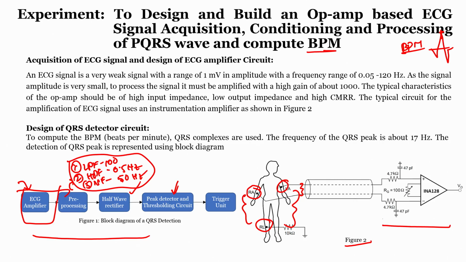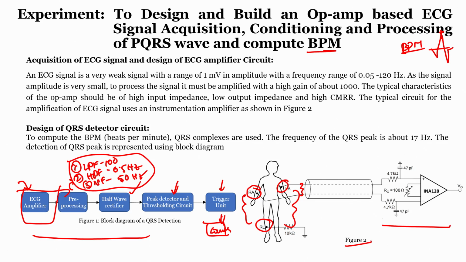Since the counter is a digital part, what we are planning to do is either show it on a CRO, to see whether we are getting the peaks or not, or use some kind of triggering input which generates a high voltage whenever there is a peak, and our job is done. If I connect that to a counter which counts only when I get a high, then it gives us a complete indication of beats per minute. So, the number of peaks we get in 1 minute indicates our BPM.